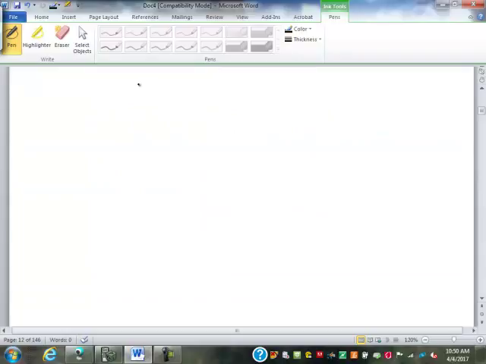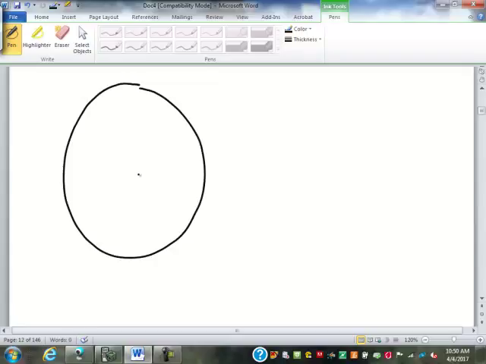Now let's have some fun. Still 8 inches. This is still a pi over 3, but I'm just going to label this 60 degrees. I'm going to cut this across here. How long is that chord?